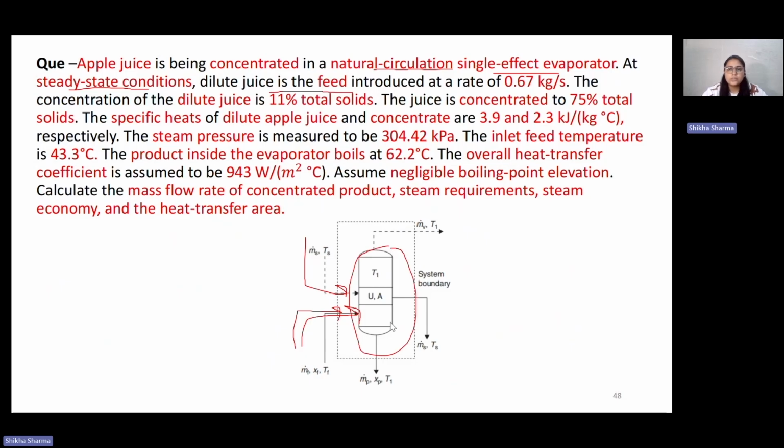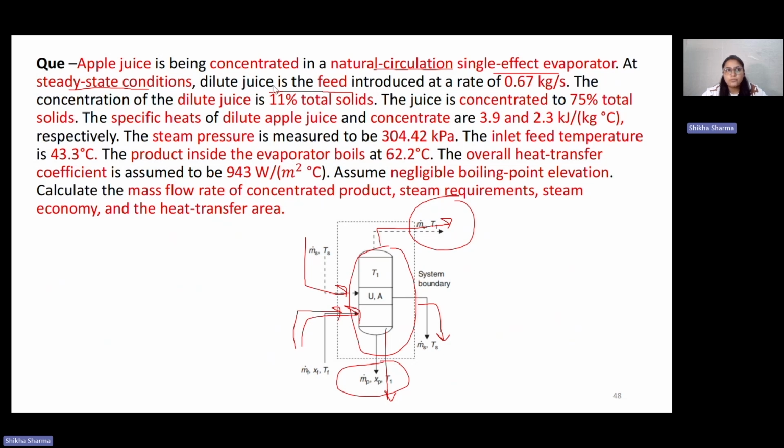The concentrated product will come out, and after exchanging the heat, the steam will convert into liquid and come out, and then the vapors from the product, as the dilute product is converted into the concentrated one, will come out.